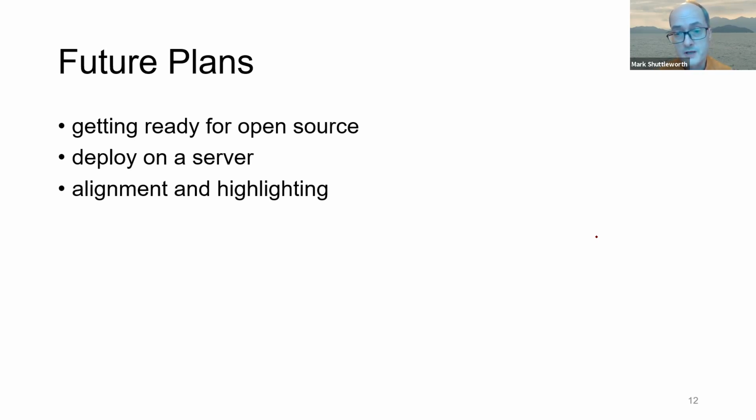And of course, it needs to be deployed on a server. And then for extra, we have ideas for extra features that could be added. One thing is the addition of highlighting, so that as you move your pointer through one or other side of the alignment, or one or other text, the alignments will be highlighted.